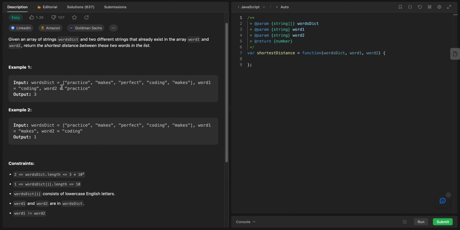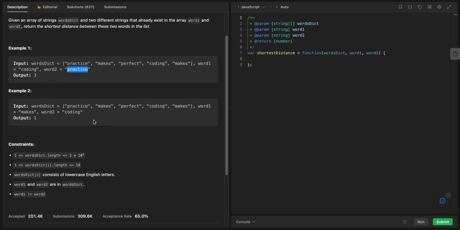For example, we have this array called word dict, and word one is coding, word two is practice, and the shortest distance between them is 3, just like 1 2 3.